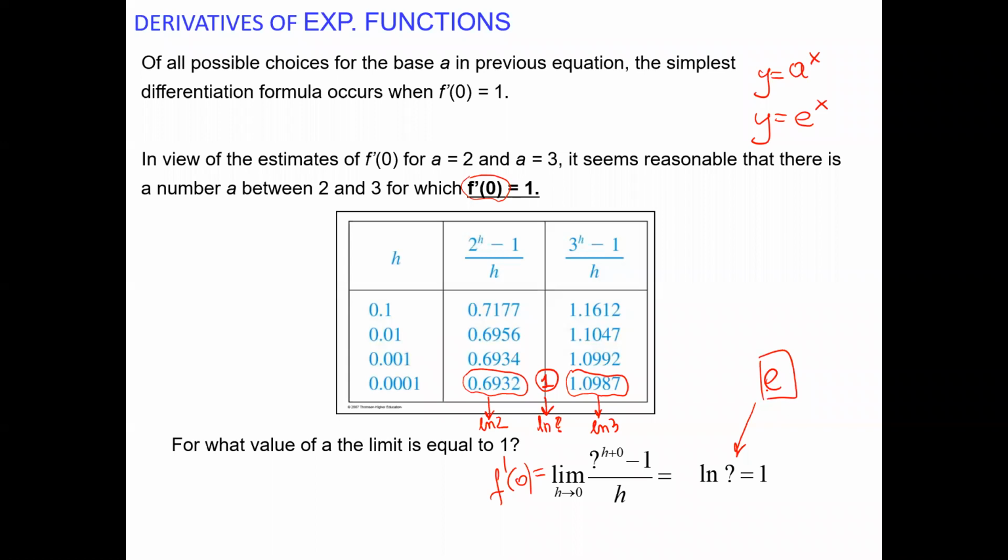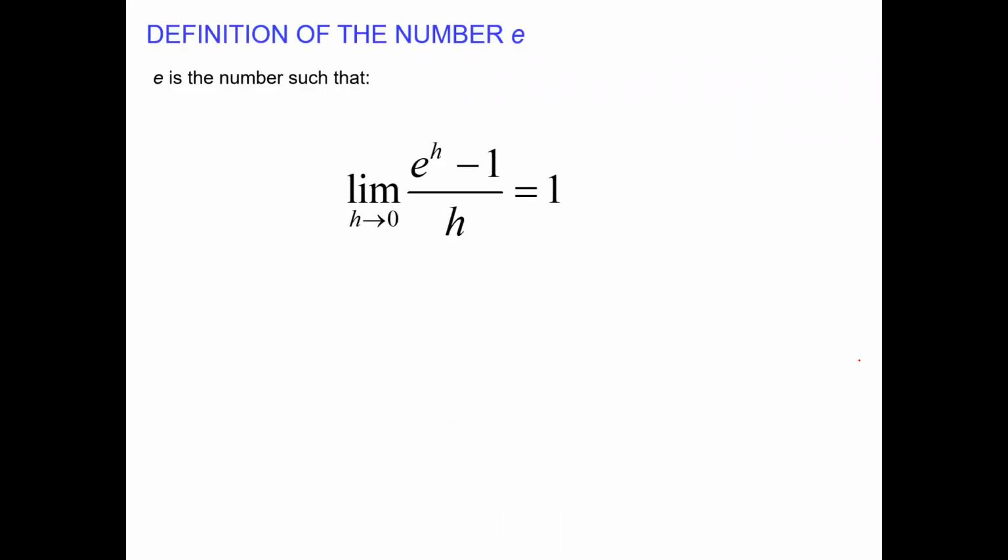And this is one of the ways that the quantity e was discovered or developed. Since the number is between 2 and 3, we know it is approximately 2.71. We can say that the number e is the number satisfying this limit: e to the h minus 1 over h equals 1. We know why, it's the slope.